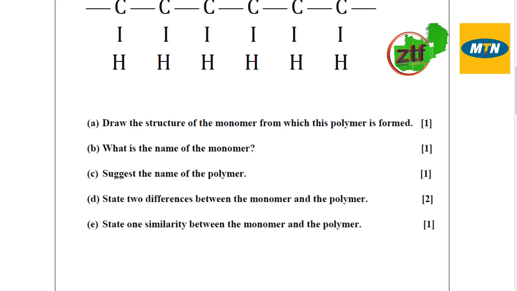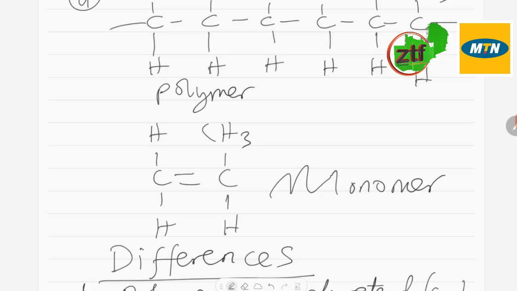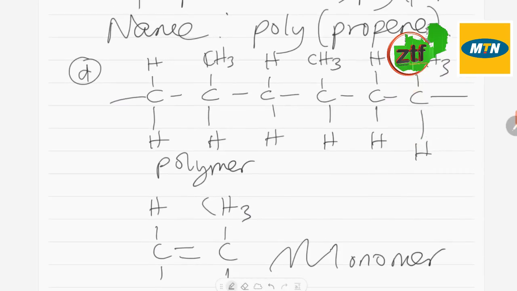We observe here that both the polymer and the monomer contain just two types of elements, and these elements are carbon and hydrogen.